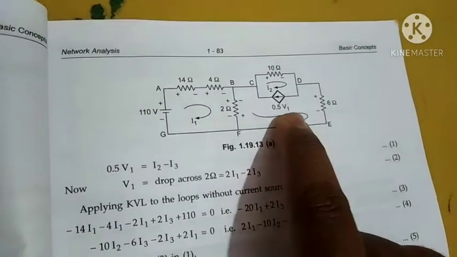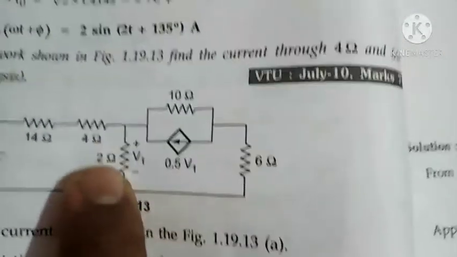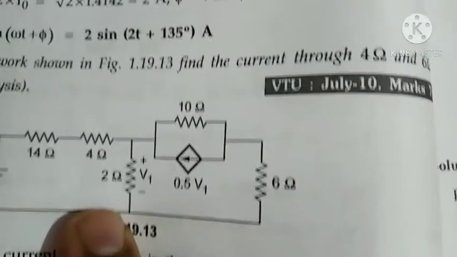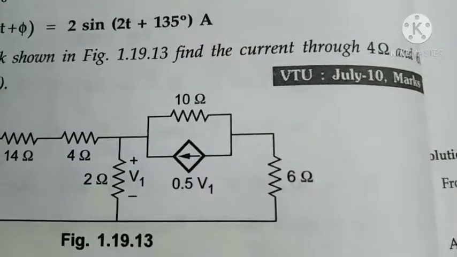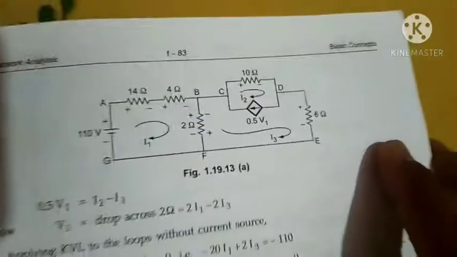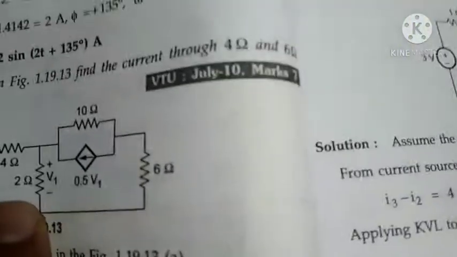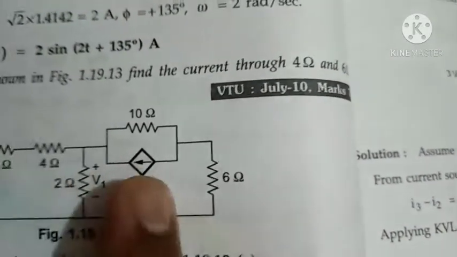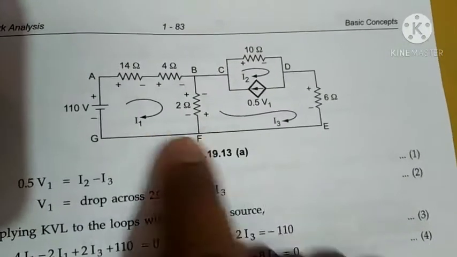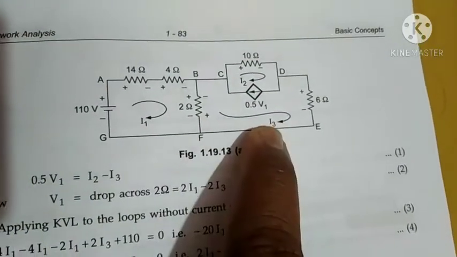So what is this V1? V1 is nothing but the voltage across this 2 ohm resistance, as per the question. What is the voltage across this 2 ohm resistance? Two currents are passing through this 2 ohm resistor: one is I1, another one is I3.